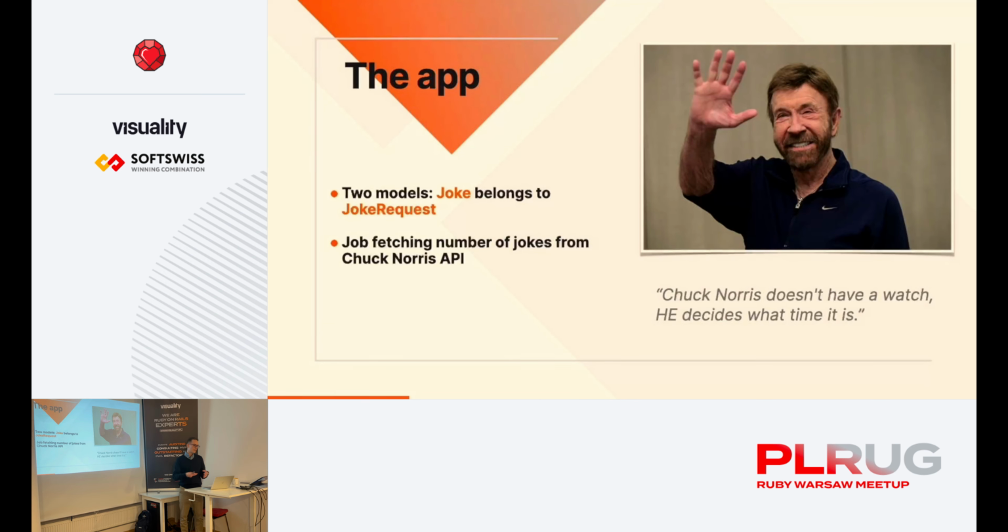For example, if you create a joke request with number 10, it means you want to fetch 10 jokes from this API with a background job, of course. And from this moment, you will see some random jokes in the presentation about Chuck Norris. Some of them might be offensive, but that's life, it's from the API.